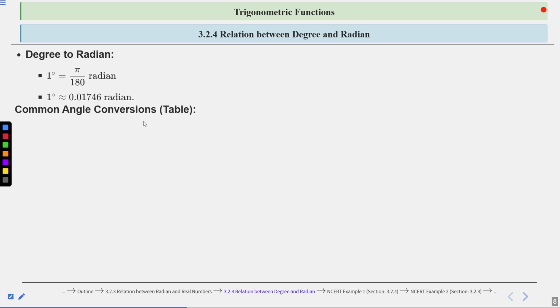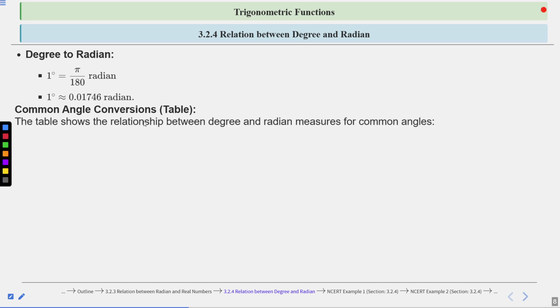Now common angle conversion. The table shows the relationship between degree and radian measure for common angles. So what common angles are we talking about?